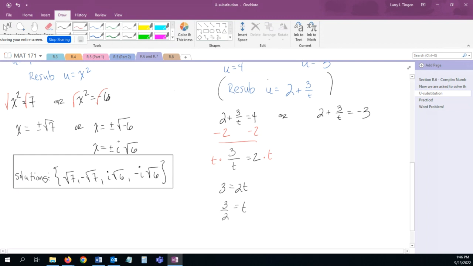On the right, I'm going to do the same as I did before. Get everything with a t on one side, everything without on the other. Subtract 2 from both sides. 3 over t is equal to -3 minus 2 more is -5. Multiply by the LCD of t. And now I have 3 is equal to -5t. Finish it up.